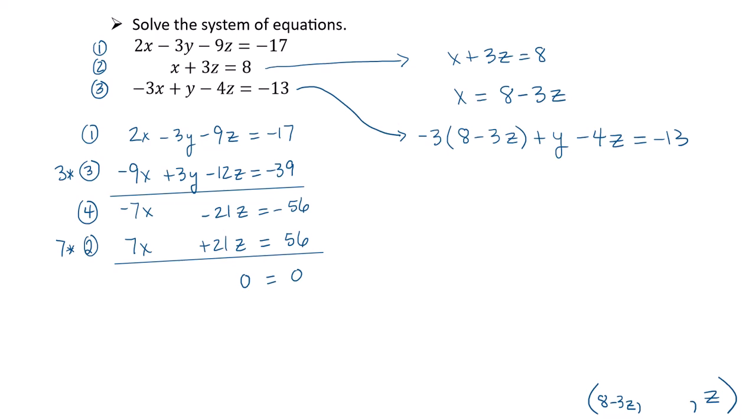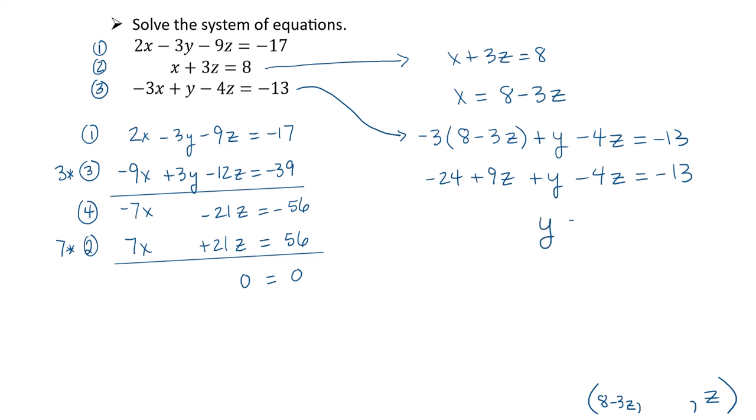Now let's go ahead and distribute. I have negative 24 plus 9z plus y minus 4z equals negative 13. Now I can solve for y and know what that y is in terms of z.